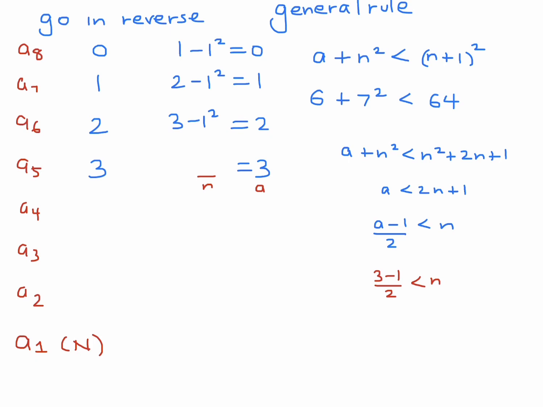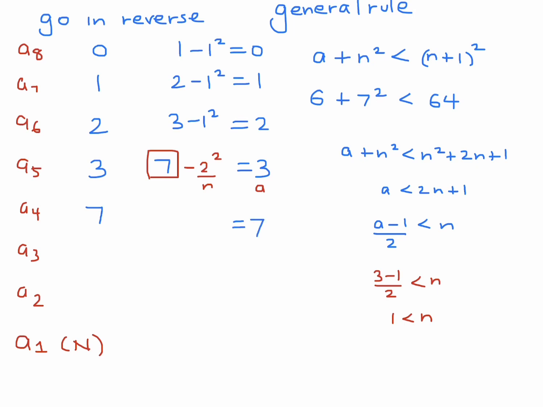So this gives me 3 minus 1, which is 2. 2 divided by 2 is 1. So my n has got to be greater than 1. And I've got to choose the smallest possible. So the smallest possible is 2. So there we go, 2 squared. And therefore this number, subtract 2 squared, has to be 3. And that means this number is a 7. So you see how he got that? So that means A4 is 7.